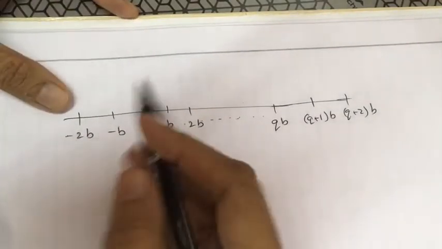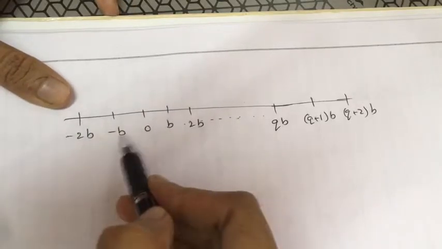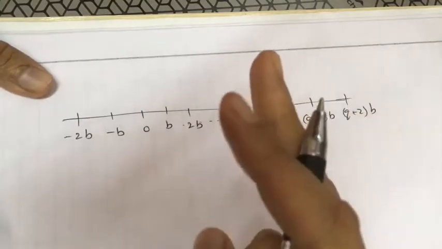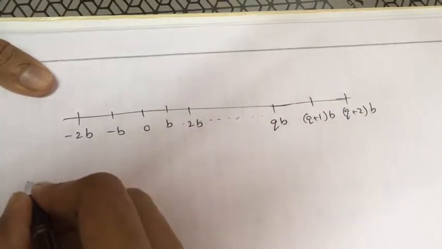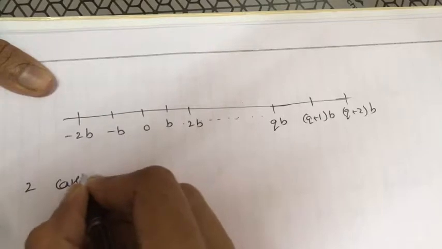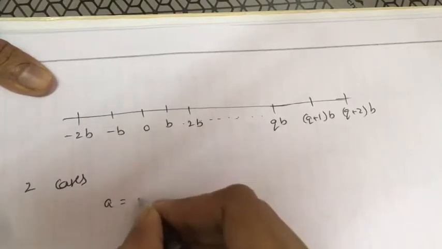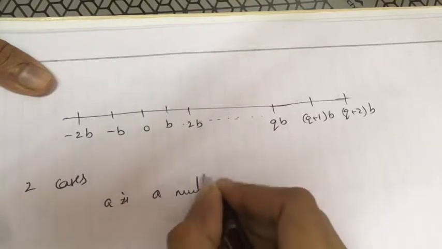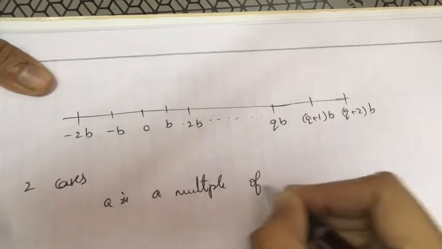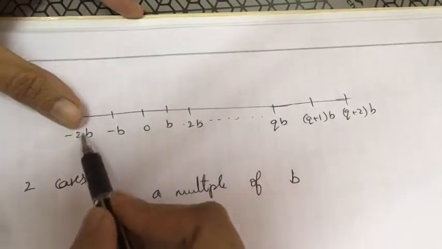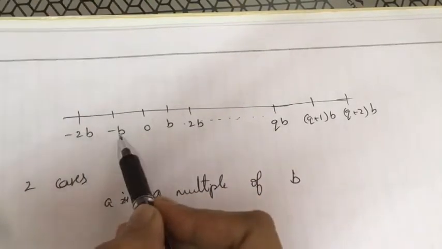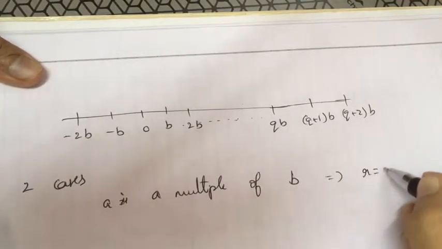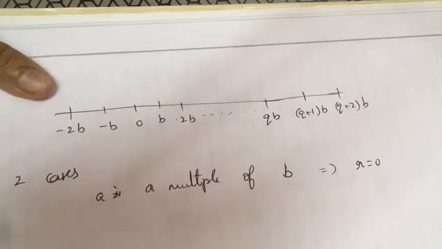When I take a, it can be equal to minus 2b, minus b, 2b, qb, like that. So there are two cases in fact. One case is a being a multiple of b. When a is a multiple of b, either it may be minus 2b, b, 2b, like that. In that case the remainder will become 0, that we have observed.